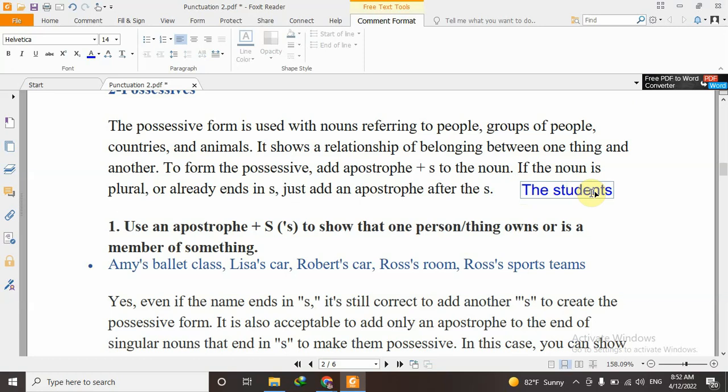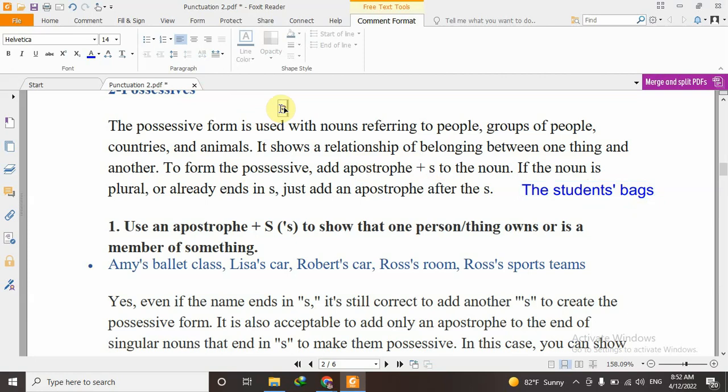This word is plural. I'm going to add just the apostrophe, and then I'm going to write the second word, the noun, for example the students' bags. So why didn't I use the possessive form?